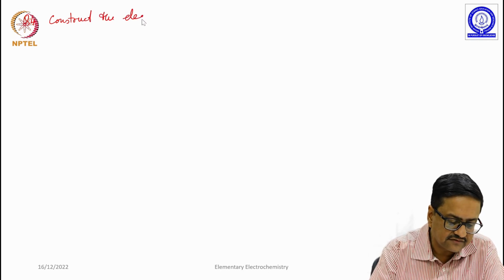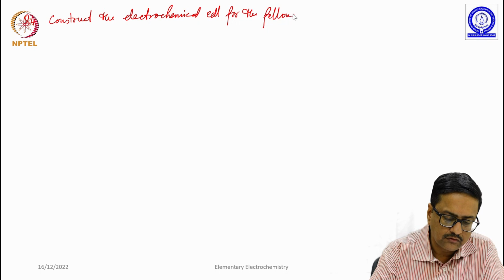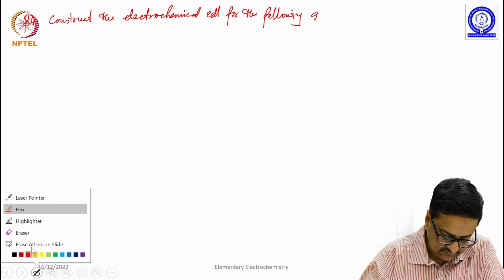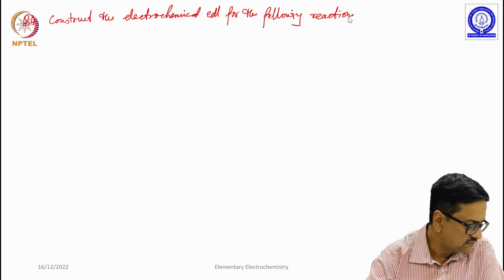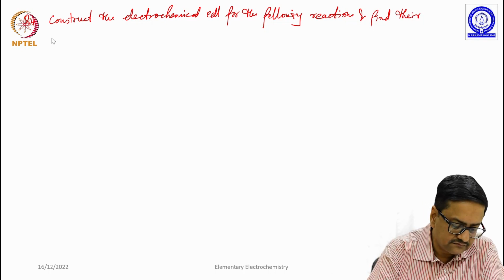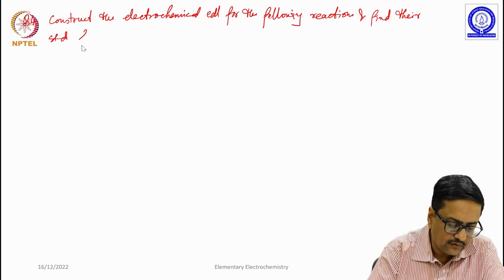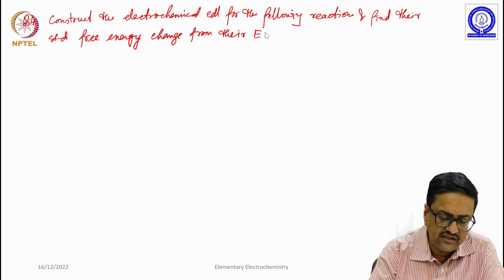Now question number 4 is, construct the electrochemical cells for the following reactions and find their standard free energy change from their EMF.